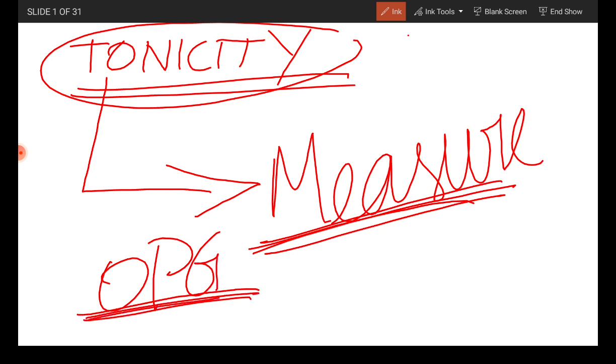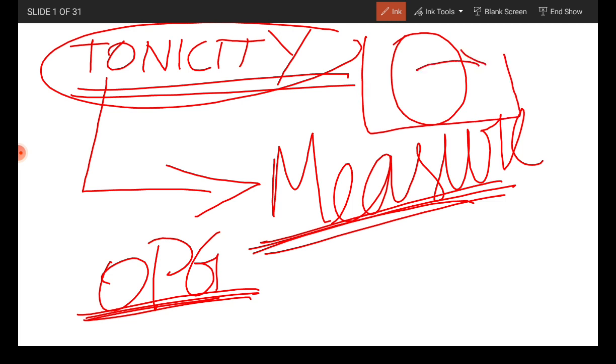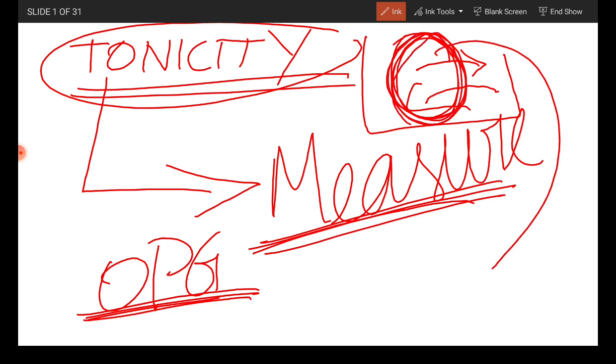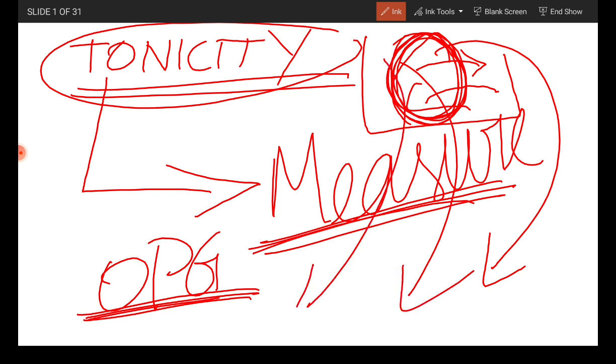That is, if you keep a cell inside a solute, how does the cell respond, what kind of pressure is experienced by the cell, and what will the cell undergo if it is placed in a hypertonic, hypotonic or isotonic solution? What is the meaning of all these three? We will see now.